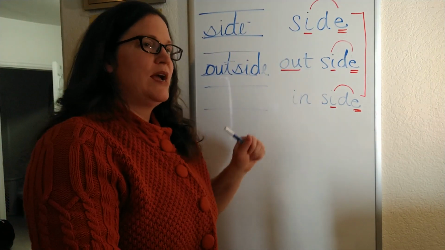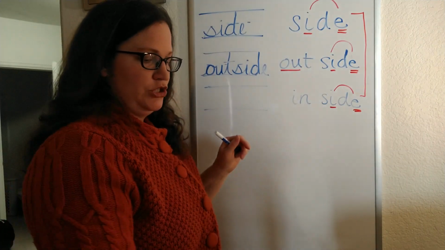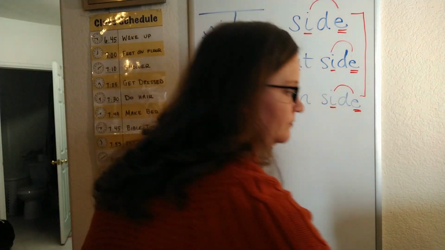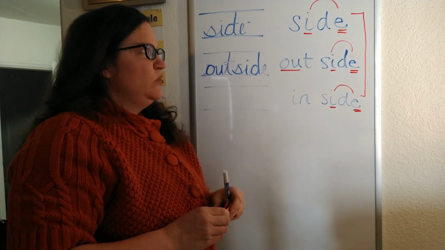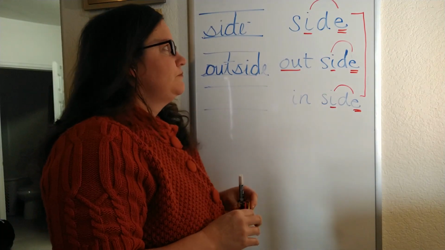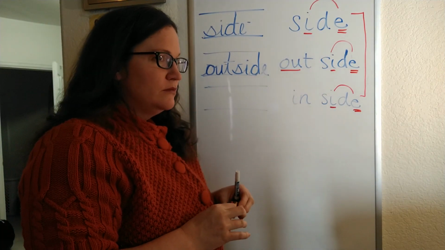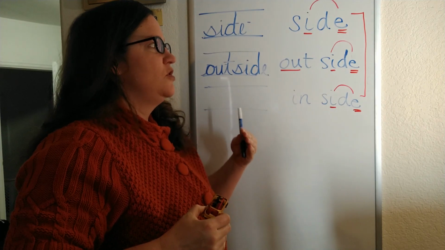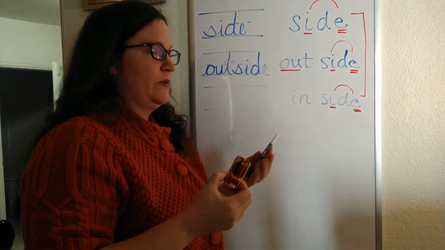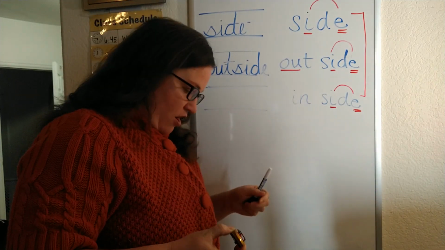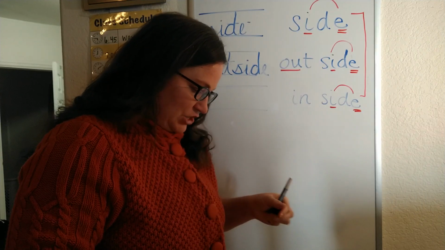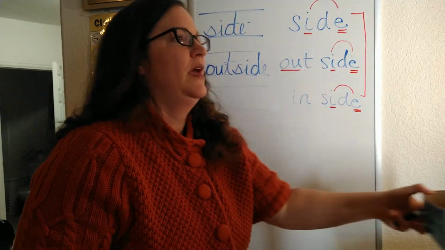Also, do you remember what kind of words these are in English? Are they nouns? No. Are they verbs? No, because you'd have to say I'm going outside, right? Going would be the verb. They are prepositions. Okay?